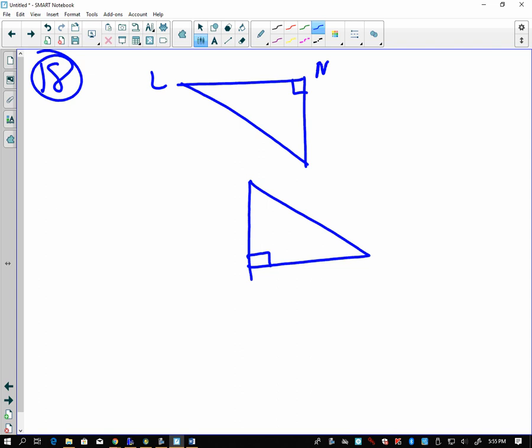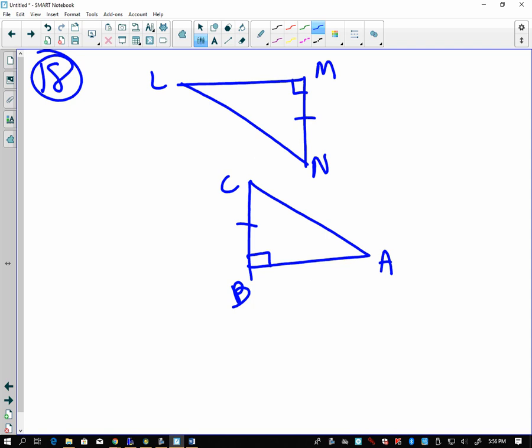Say L, M, N, and let's call this A, B, C. They're going to say that CB is congruent to MN. Or CB is congruent to NM.